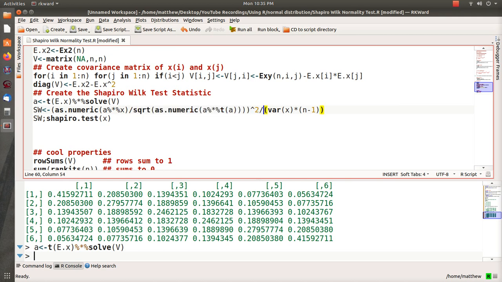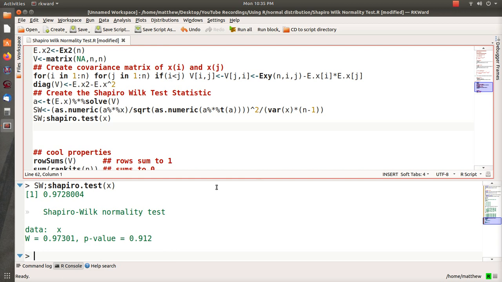I just divide it later. And then here is the sum of squares total. Then I print it and look at it. So for a sample size of 6, the exact Shapiro-Wilk test statistic is 0.9728, and the approximation is 0.9730. So very close.